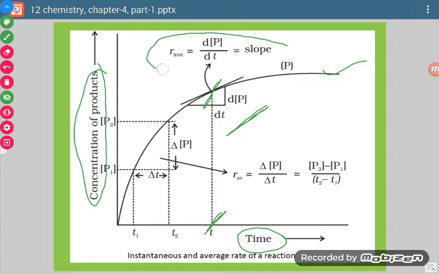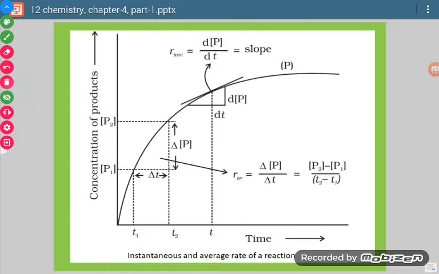So here it is positive. Why? Because it is for products. For reactants it is negative because their concentration decreases with time. Here it is positive because their concentration increases with time. So this is the instantaneous rate of reaction. Now similarly, for average rate we have taken T1 time, so P1 is the concentration of products, T2 time, P2 is the concentration of products.